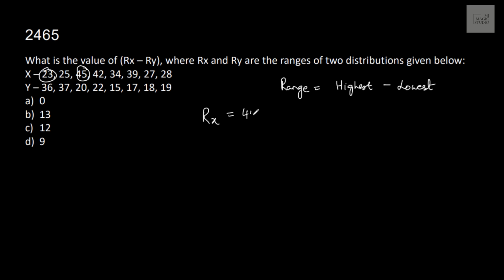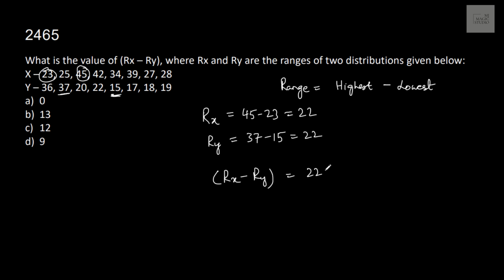So range would be 45 minus 23, that is 22. Range for distribution Y, highest value 37 and lowest value 15. 37 minus 15, here it is also 22. They have asked us to find the value of Rx minus Ry, that is 22 minus 22, 0, and that is in option A.